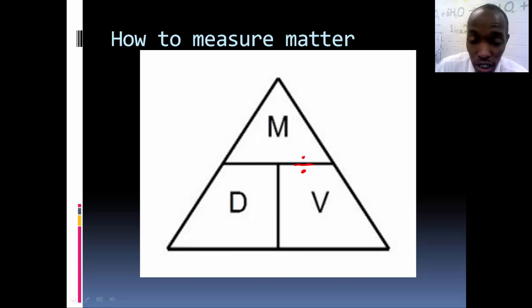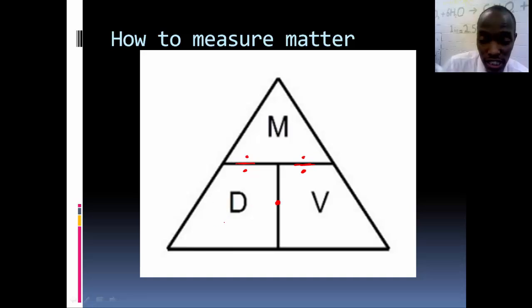When you're trying to find the volume, you look at the other two, which is mass over density, and you're going to divide. But when you're trying to find the mass, you're going to look at the density and the volume. So if they're side by side, you're going to multiply. So up and down, divide, side by side, multiply.